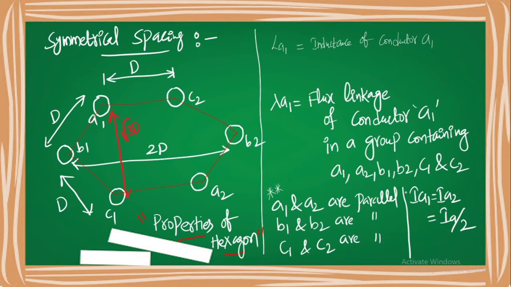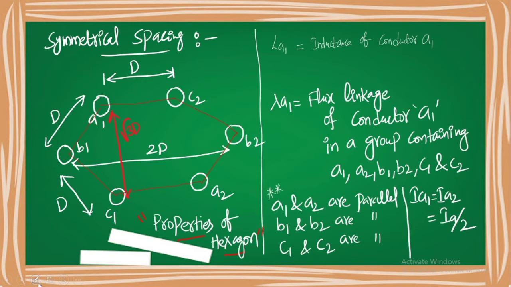So the current through conductor A1 and the current through conductor A2 is half of the phase current IA. These are the things we need to keep in mind before finding the inductance of conductor A1. After finding the inductance of conductor A1, we can find the inductance of phase A.